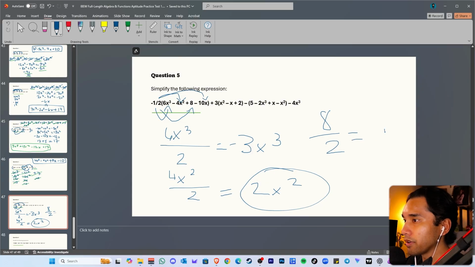That just equals 4. Easy. And then you have negative 10x, and I'm going to write the negative down for this one just to show you. Negative 10x over negative 2, don't forget that x, equals positive. Oh, I almost wrote a negative. Don't make no mistakes, okay? 5x. So that's our terms for that bracket.